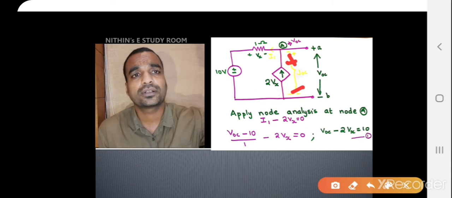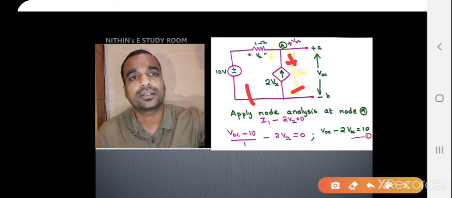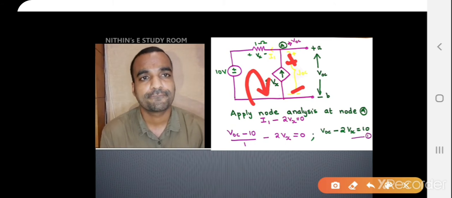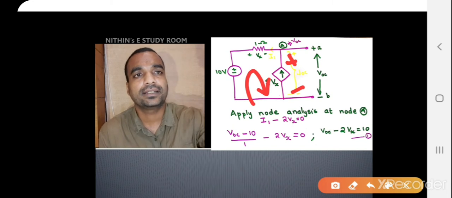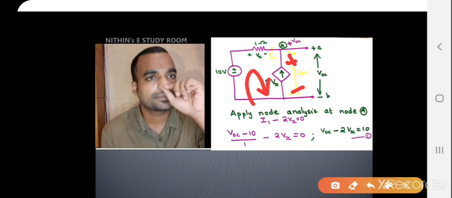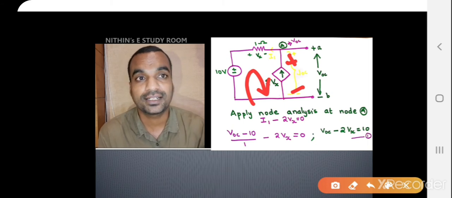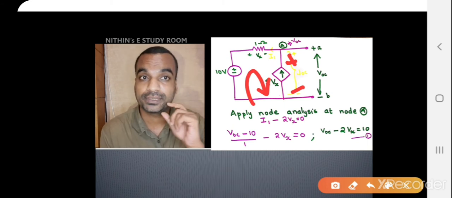So if you are taking an arrow mark like this, it will appear minus 10 plus VOC at the top side.